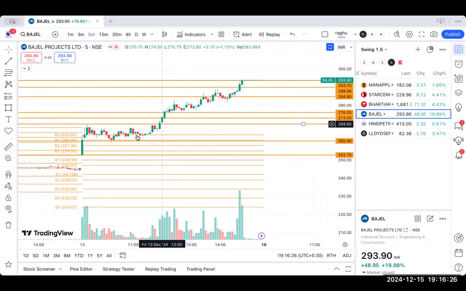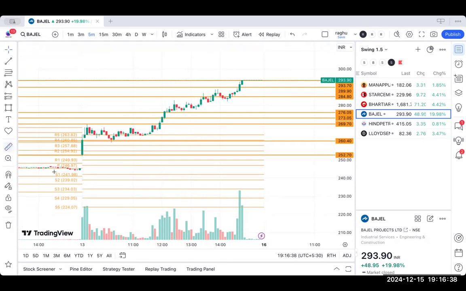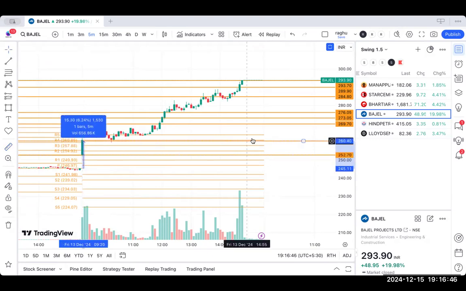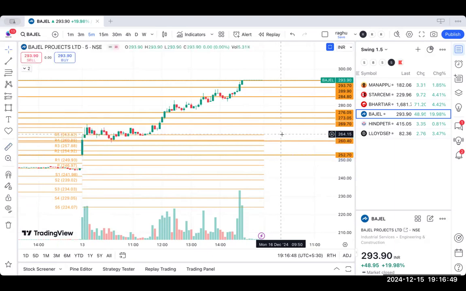Now, your resistance or pivots are not working here because the stock already opened with a gap up. The gap up is around 3% from our last close. Sorry, first candle 6% gap up. The stock already opened gap up. Now the pivots don't have any data to show you.